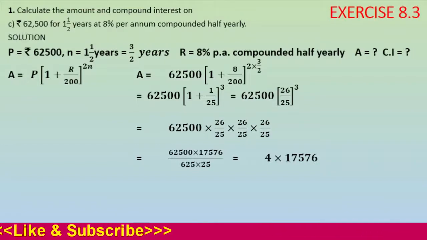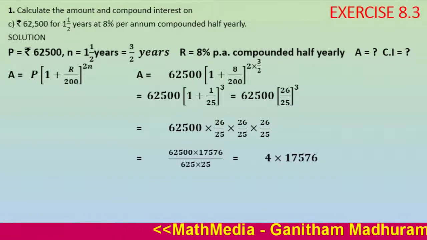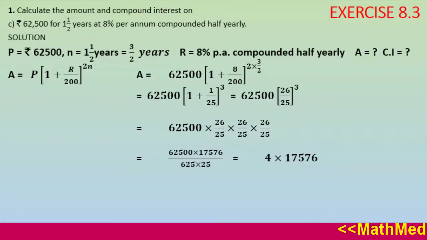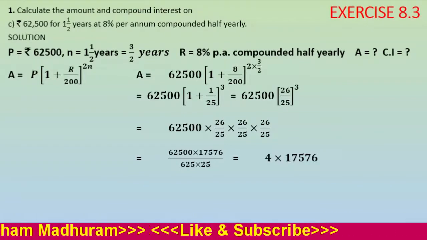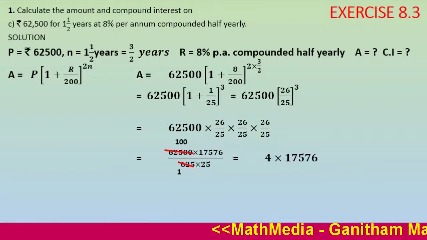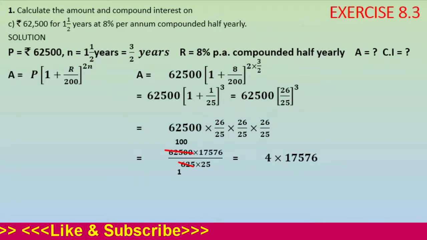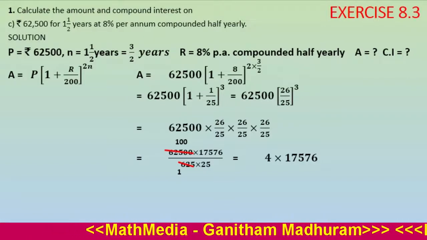In the denominator, 25 into 25 will give 625 multiplied by one more 25, that we have written separately here. While cancelling numerator and denominator, we get the numerator as 100 into 17,576, denominator as 1 and 25.